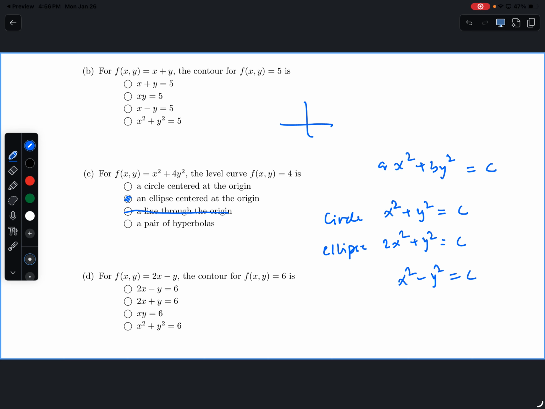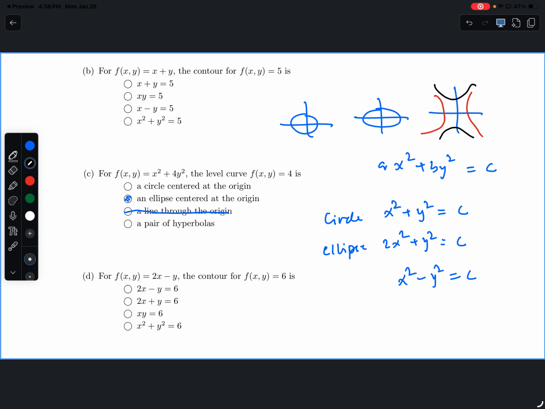You know, a circle looks like this, an ellipse like an oval shape, and hyperbolas either look like this, like two disjoint sets, or they look like this.